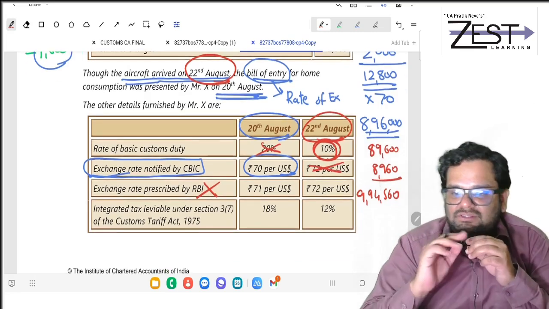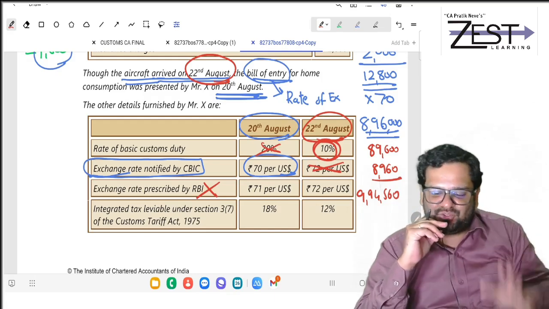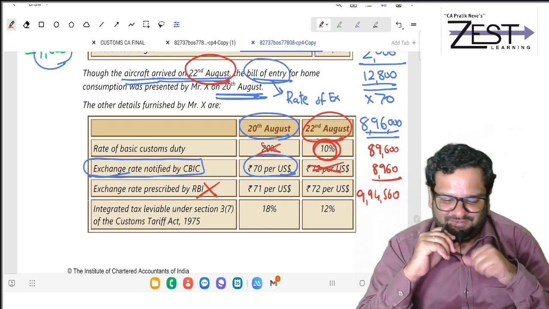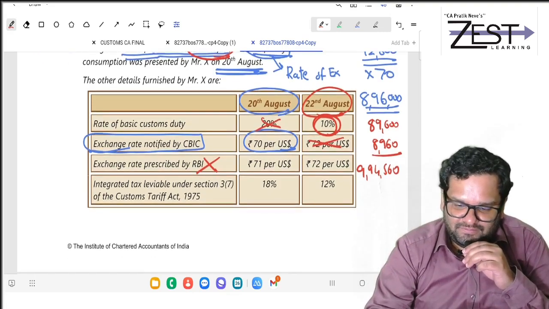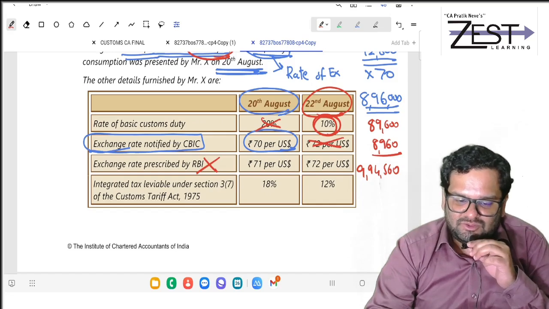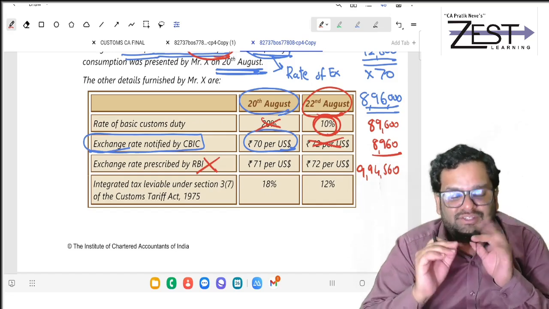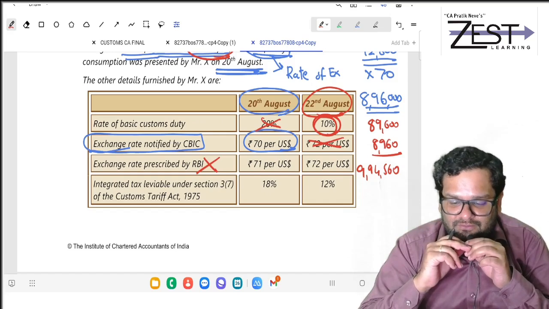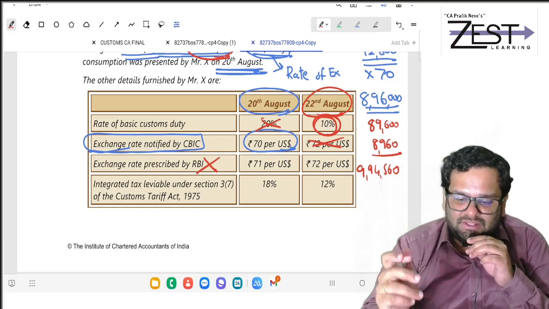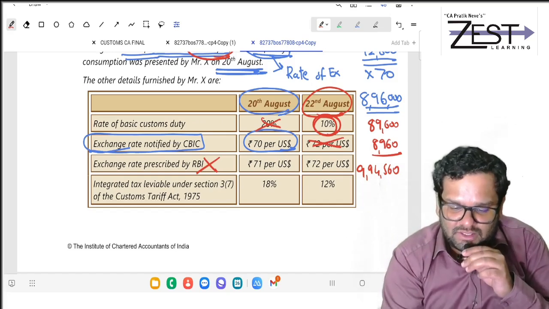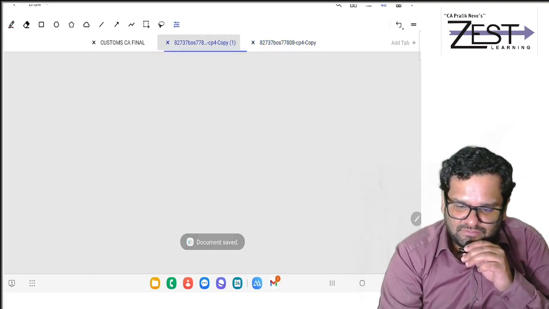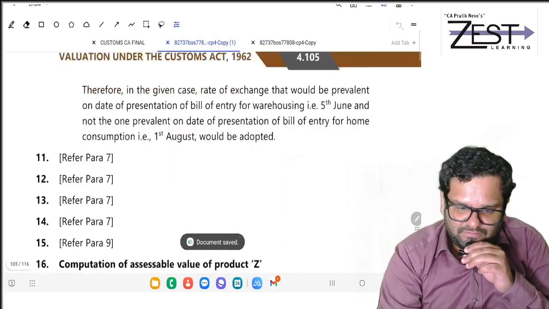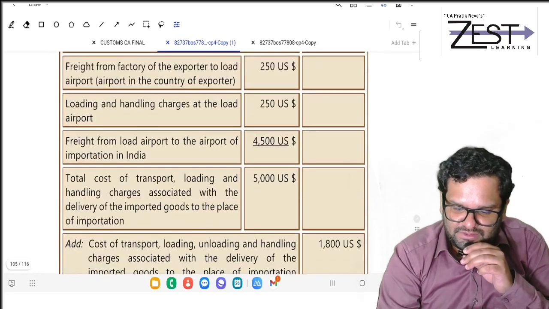Now, the only thing is what IGST I should take. IGST on two different dates is given. So which date are you considering as the goods are imported? You are considering 22nd August. The rate of duty should be taken as on 22nd August. Please take that 12%.